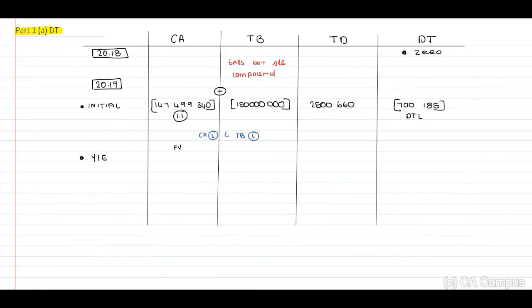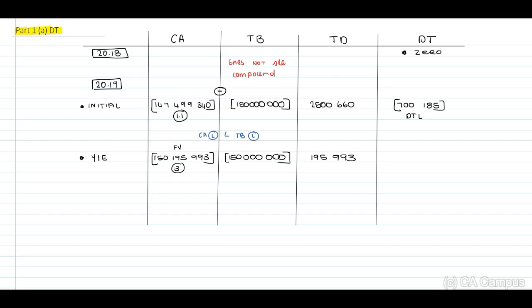And this is for accounting purposes, and for tax purposes, this will remain to be the 150 million. And our temporary difference will be 195,993, right?